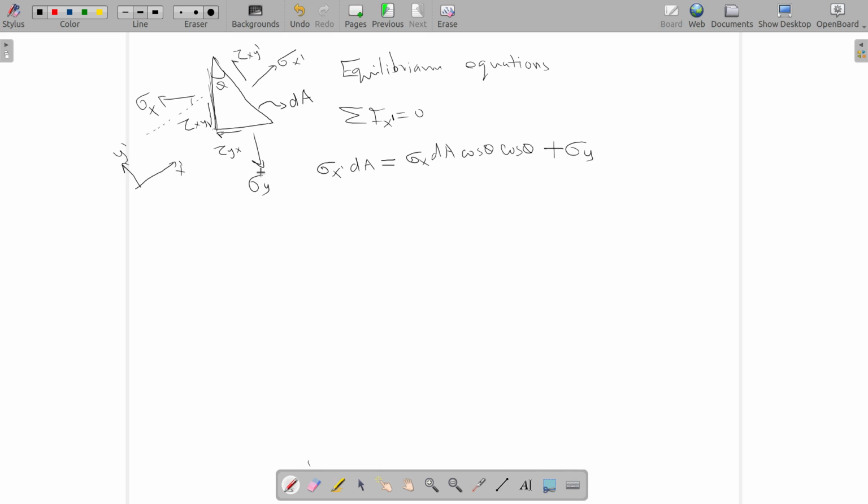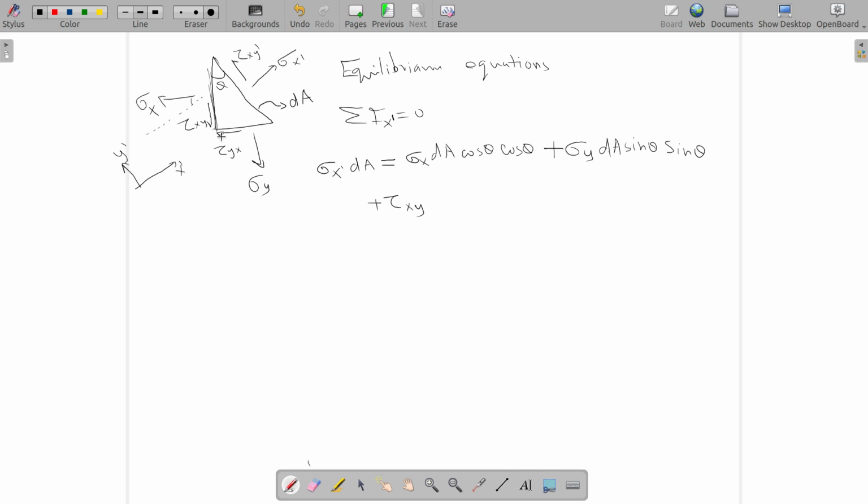Now same thing can be done for sigma y. dA sin theta will be the area here. Sigma y multiplied by dA sin theta multiplied by sin theta will be the force in x dash direction due to sigma y. Similarly, tau xy and tau yx should be considered.